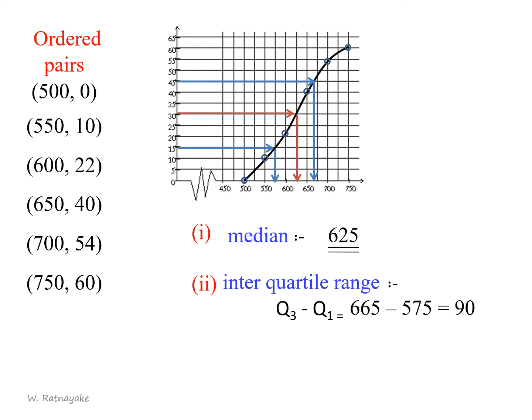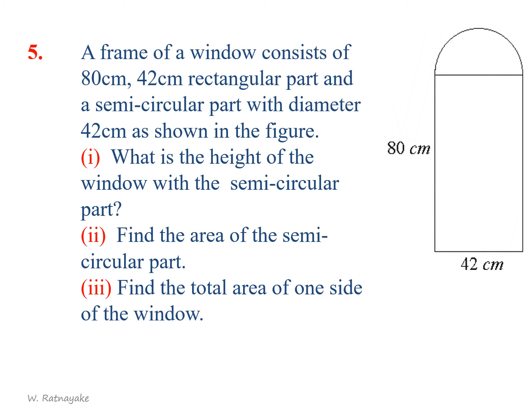So question number 5. The question says, a frame of a window consists of an 80 cm by 42 cm rectangular part. So the height is 80 and the breadth is 42 centimeters. And a semicircular part with diameter 42, as shown in the figure.